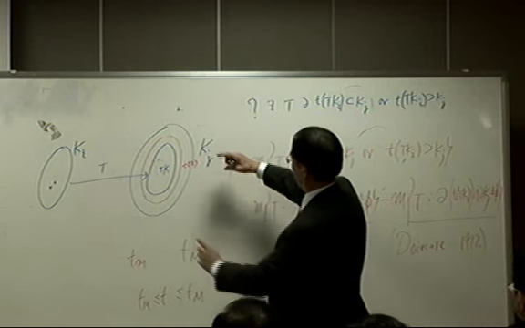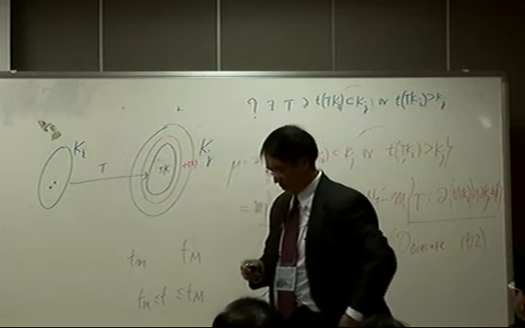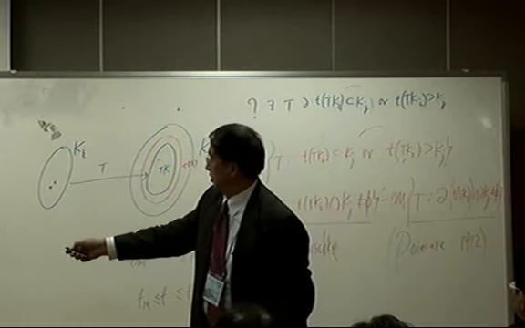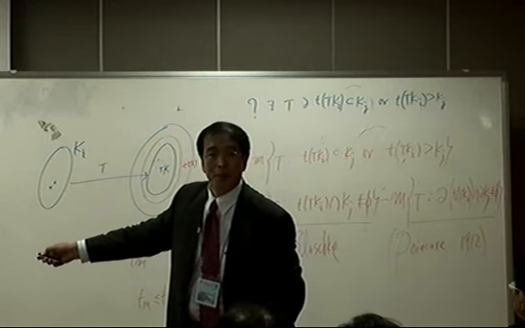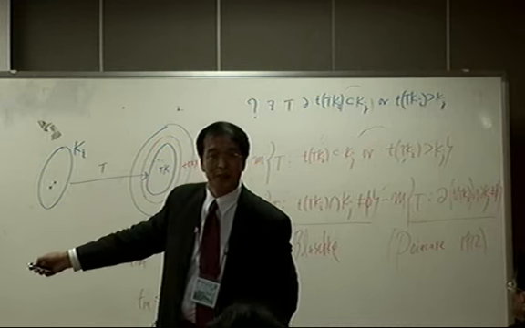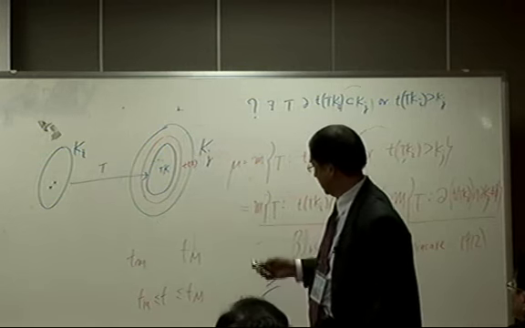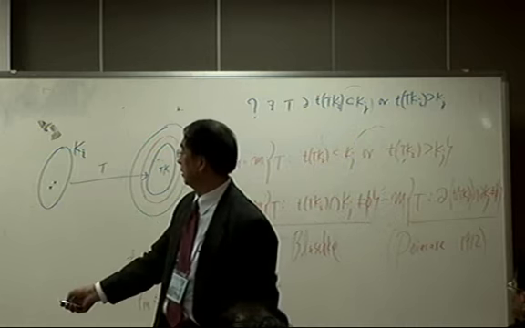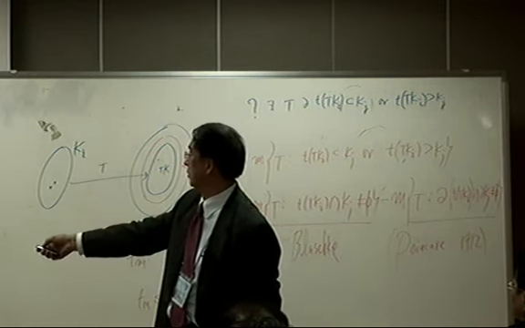Because it's between here. So this mu equals 0. So we get this is less than 0 when T is in here. So that's the one we have.